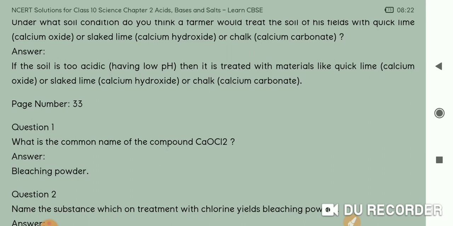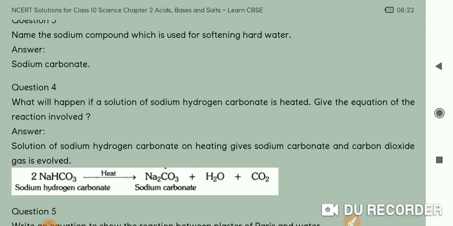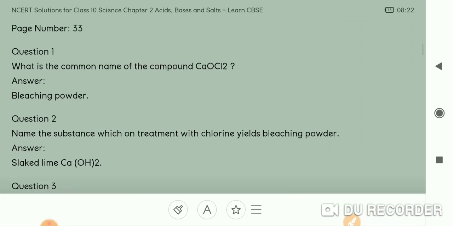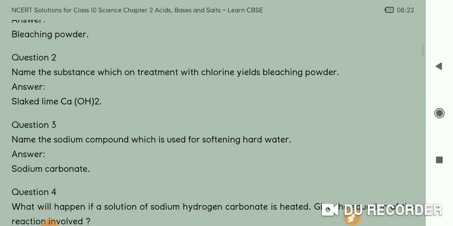You understand? So when the soil is acidic, these can be added to neutralize it. On page number 33 you can see question number 1, what is the common name of the compound CaOCl2? It is bleaching powder. Its formula is calcium oxychloride. Question 2, name the substance which on treatment with chlorine yields bleaching powder.